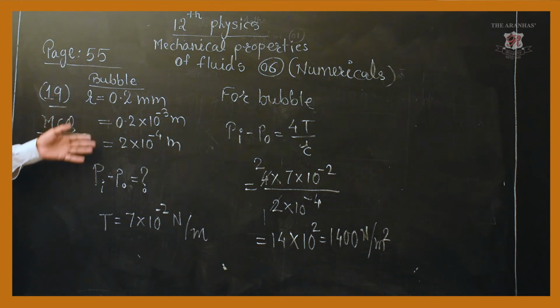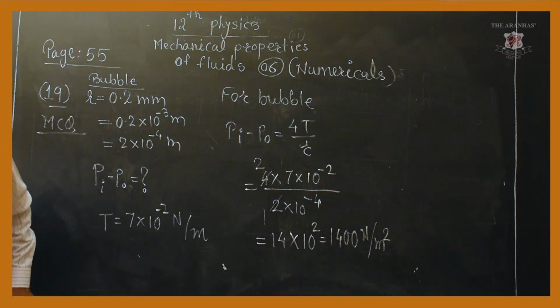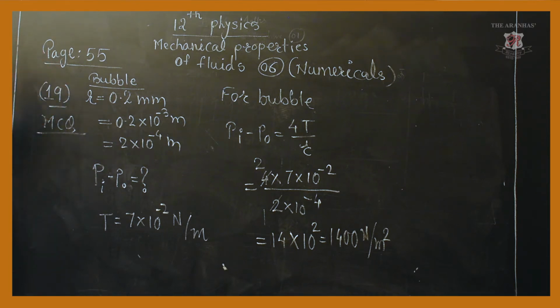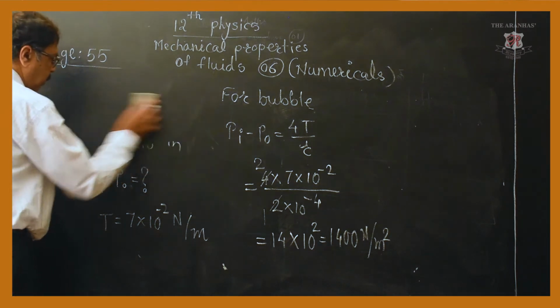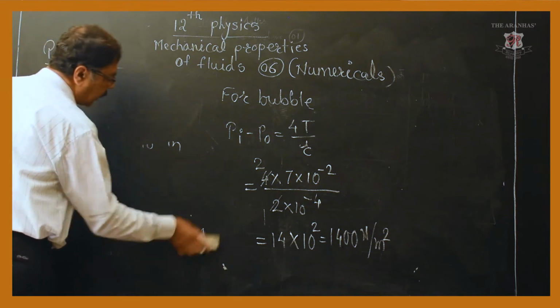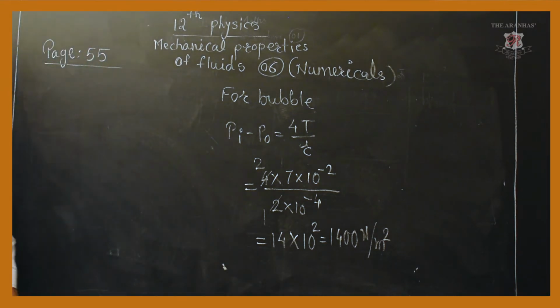Just use the proper formula. Check whether radius is given or diameter is given. Here it is radius, so it is correct. The answer in the textbook is wrong. Don't refer to the answers. You calculate by yourself and believe in whatever calculations you are doing. Always remember, read the numerical carefully.